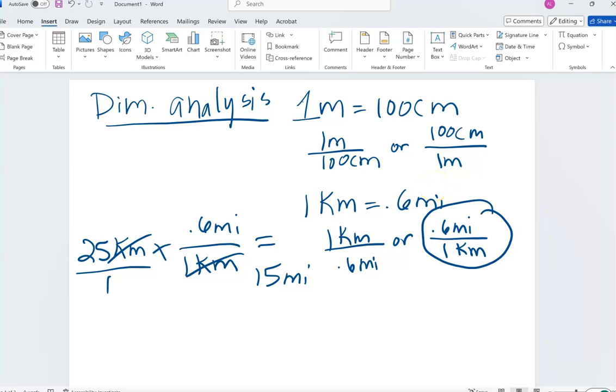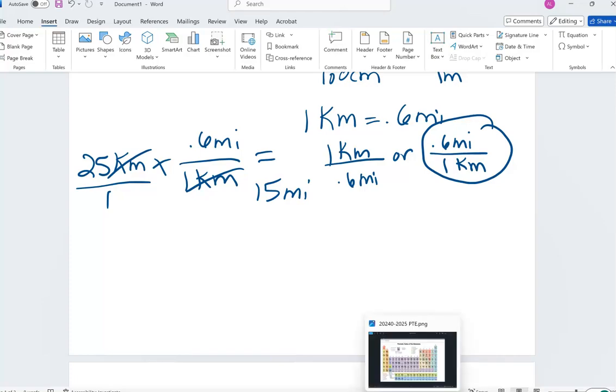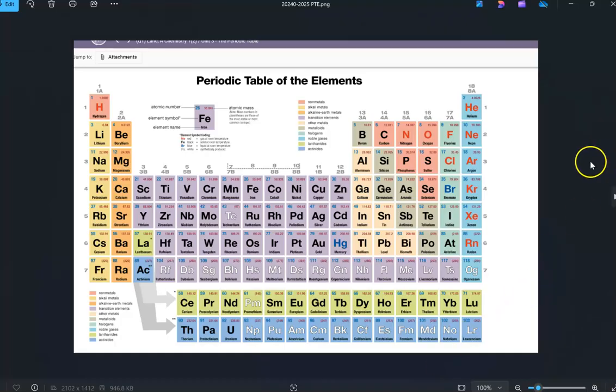Okay, that's one thing you need to do. The next thing you need to remember is how to calculate and find the molar mass of an element or a compound. This is where you need your periodic table. To find the molar mass of an element, I'm going to take the average atomic mass and label it grams per mole.